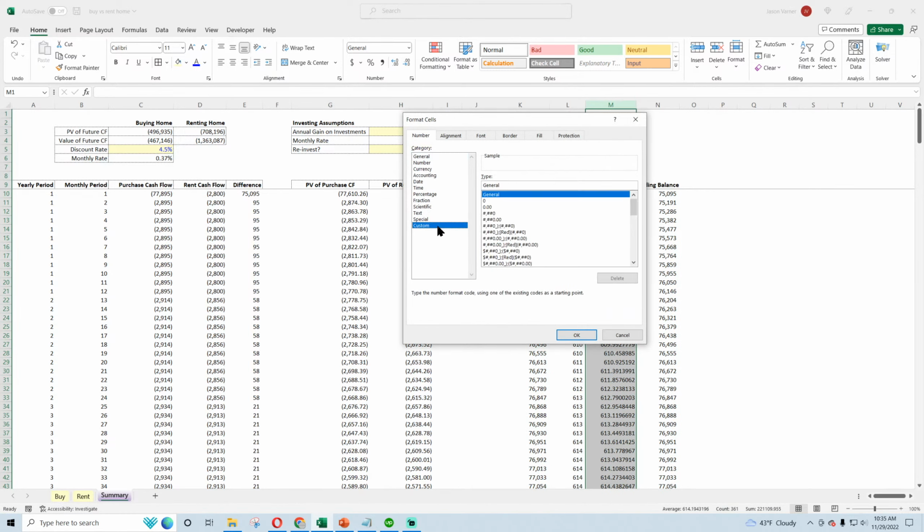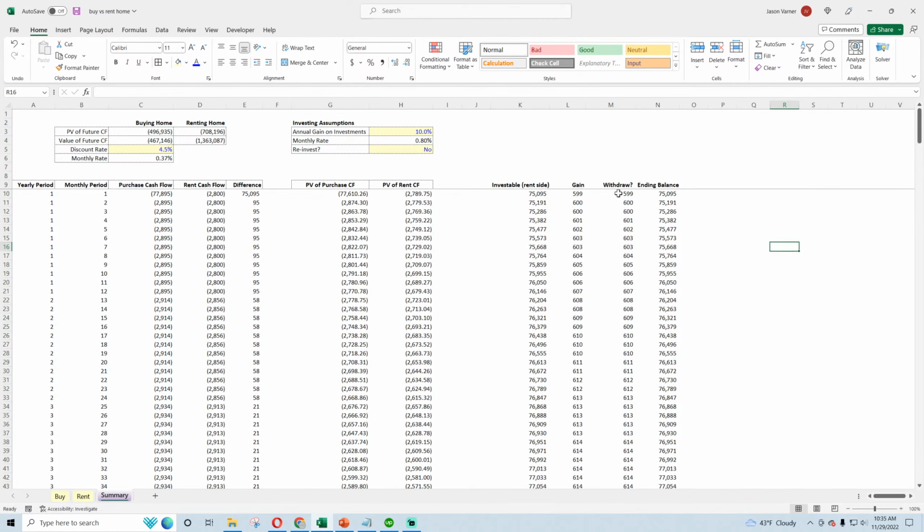I want to just think about the structure of this. If we were to put no and withdraw, you're only gaining on this. So your gains are going up, but they're going up slower. They're not compounding as fast, but you are withdrawing this amount of cash. And so then this amount of cash would go back to the adjusted difference.